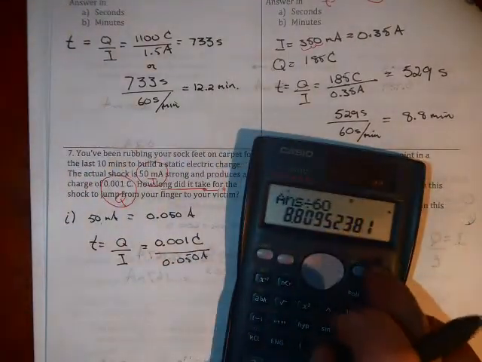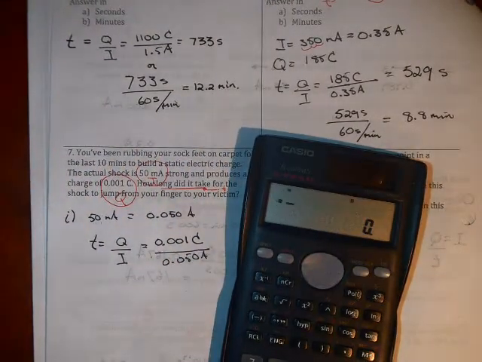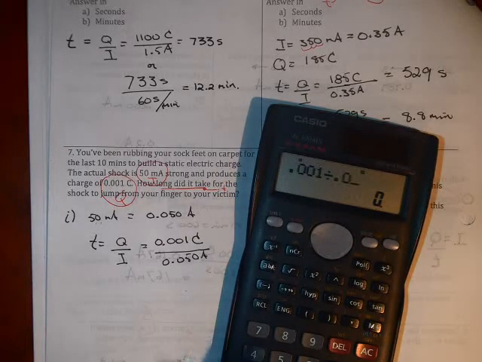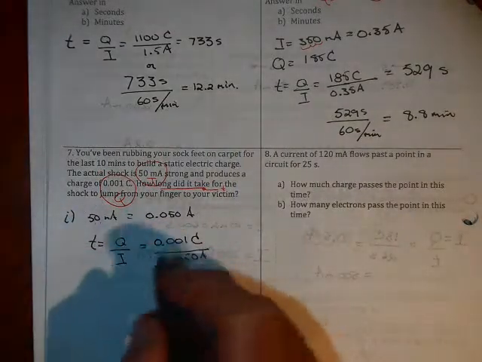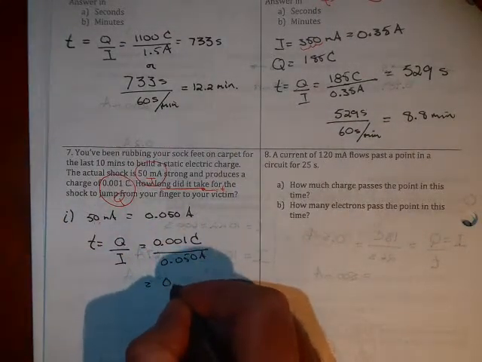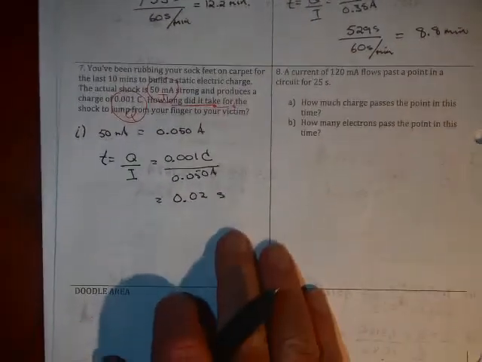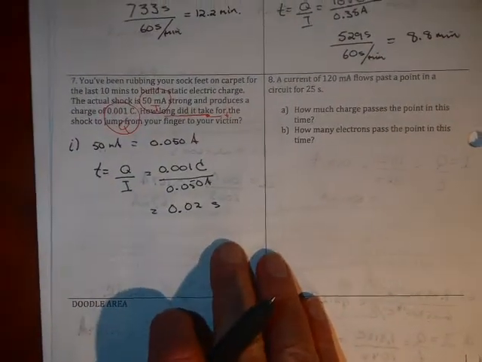So 0.001 divided by 0.050 is equal to 0.02 seconds. So 2/100ths of a second.